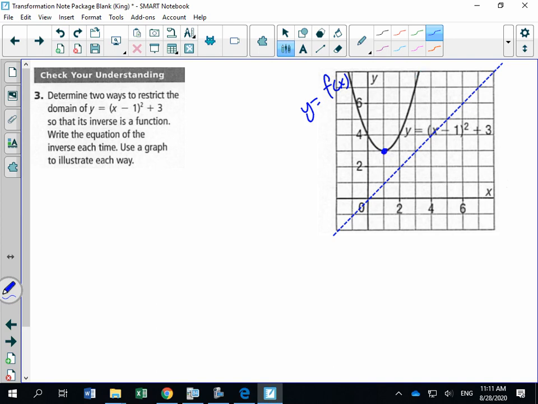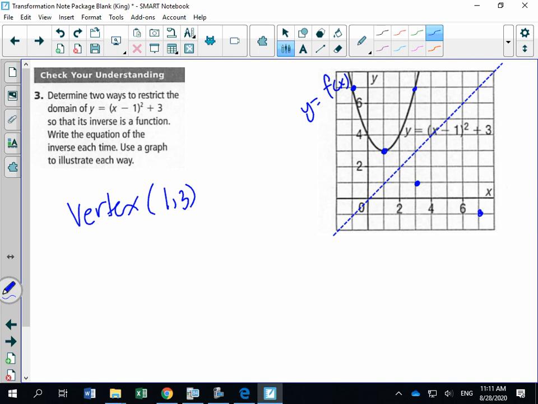So here's the vertex. Actually, this is going to be the important point, so let's write it down. The vertex is 1 comma 3. And that means that the new vertex will be at 3 comma 1, which would be right here, right? If I take this point here, which is at negative 1 comma 7, it's going to be 7 comma negative 1.